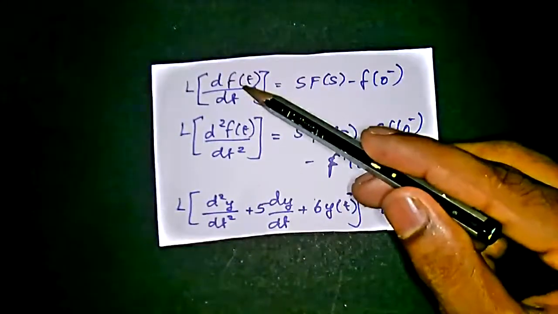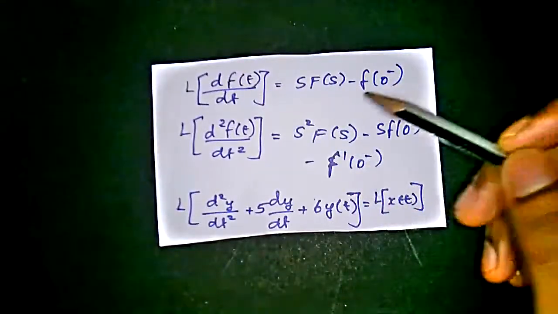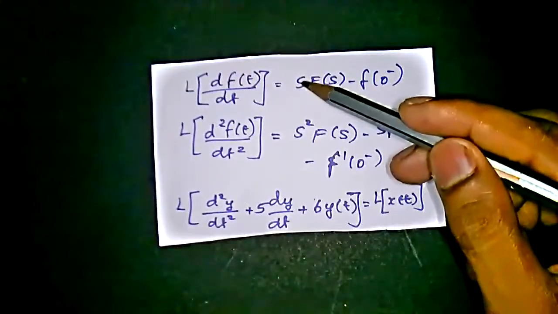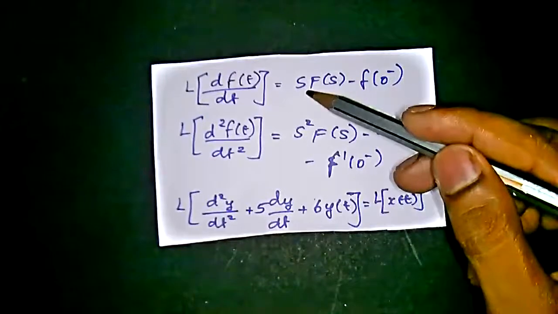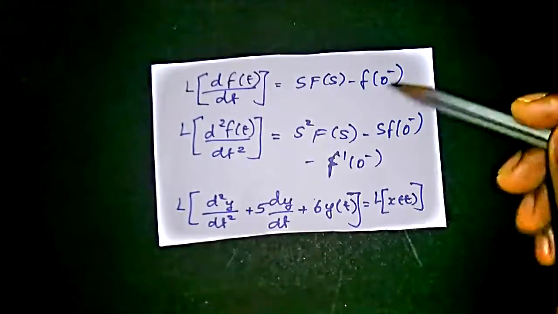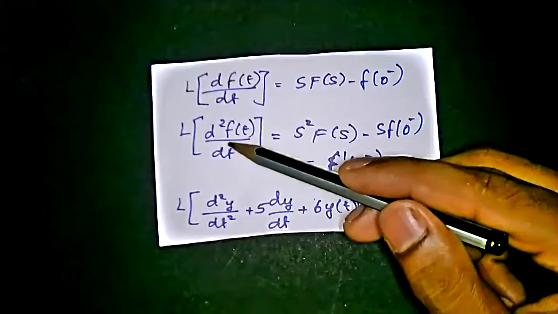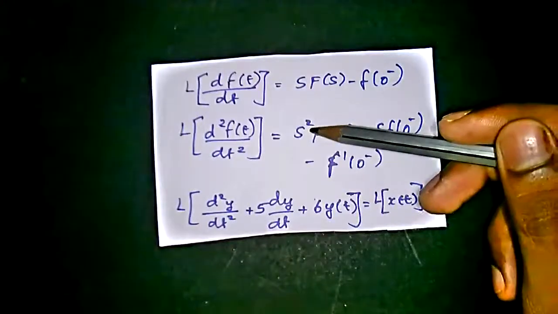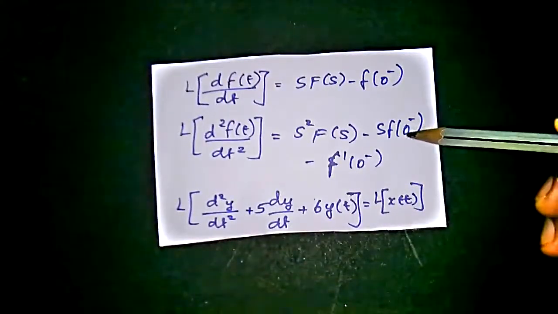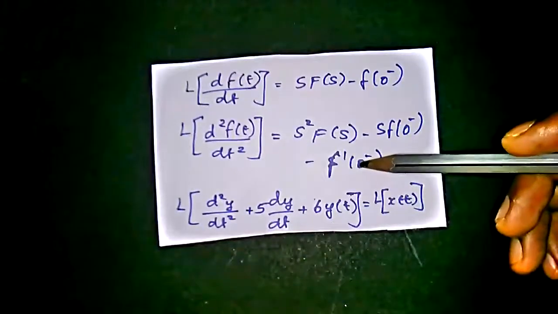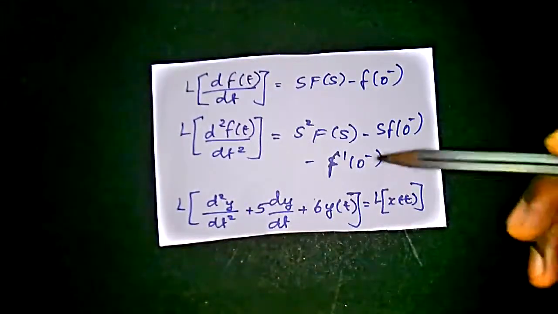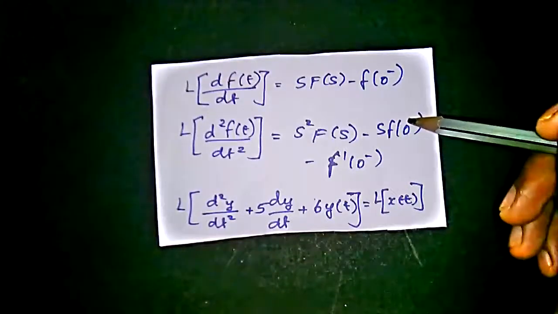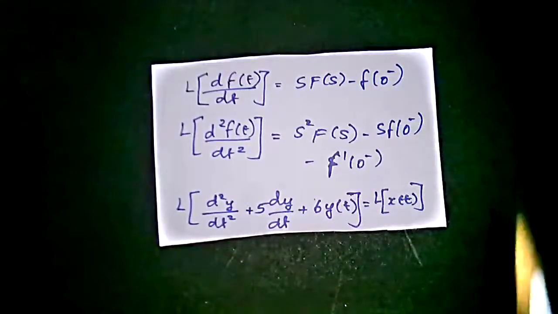Laplace transform of df of t by dt is equivalent to s F of s, where s is the unique variable in the Laplace transform domain, minus f of 0. And the Laplace transform of d squared f of t by dt squared is equivalent to s squared F of s minus s f of 0 minus f dash of 0, where f dash means the first derivative at 0.